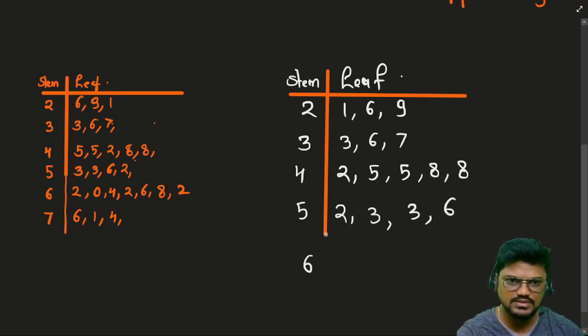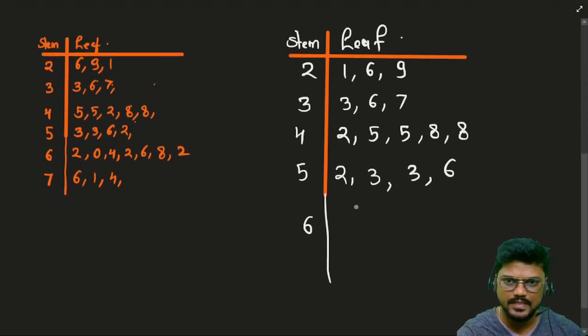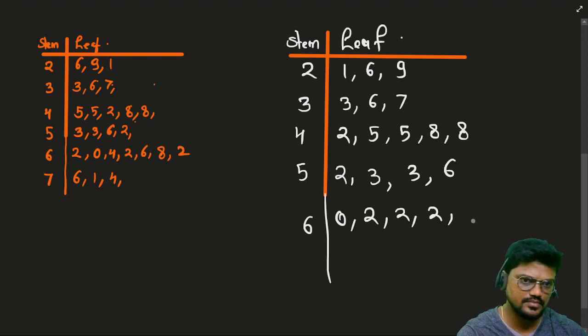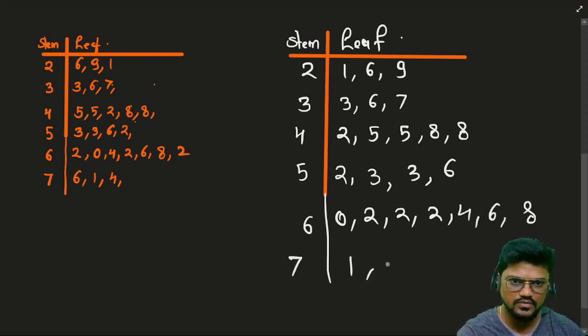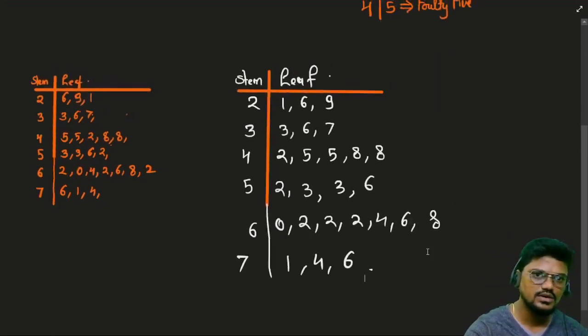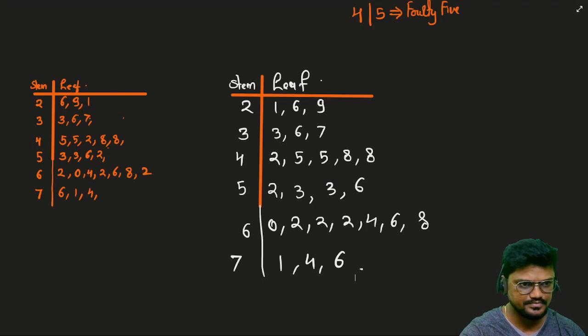Then when it is 6, it is 0, there are three 2's. Then there is 1 time 4, 6, and then 8. And then this is 1, 4, 6. Now this is what you are done for the stem and leaf diagram.